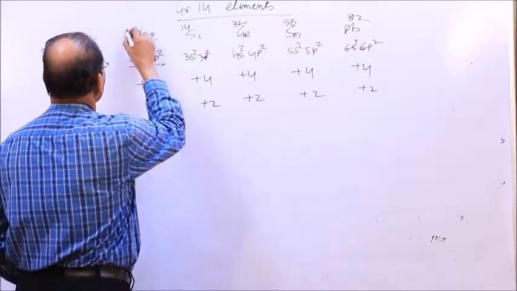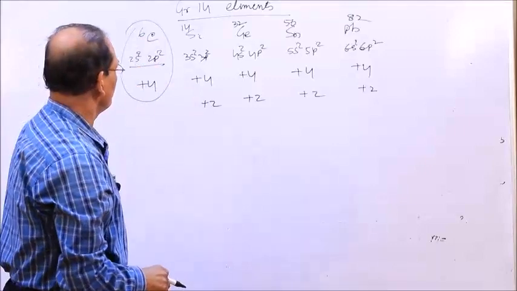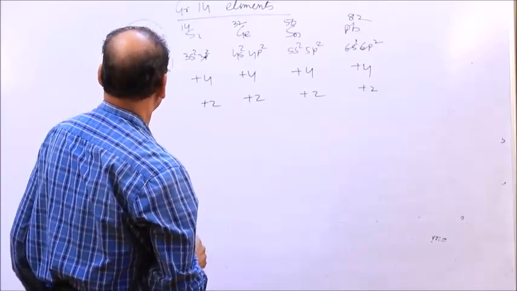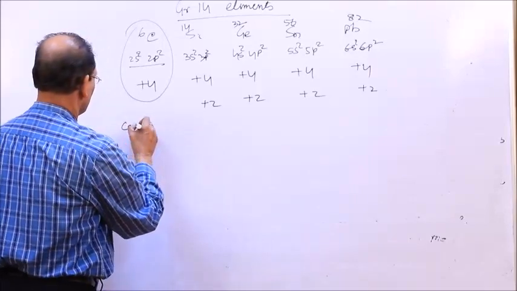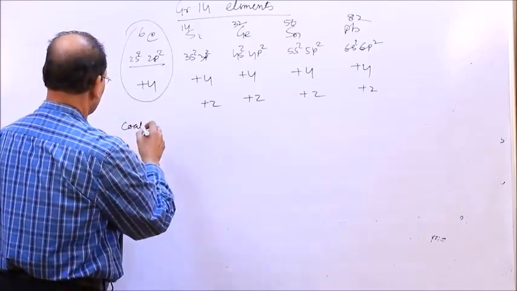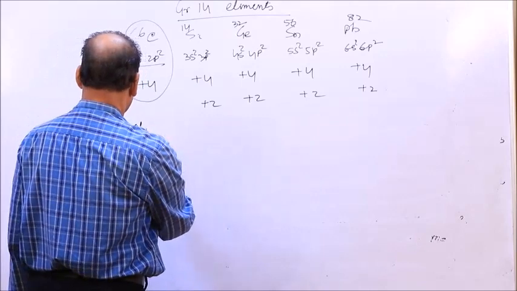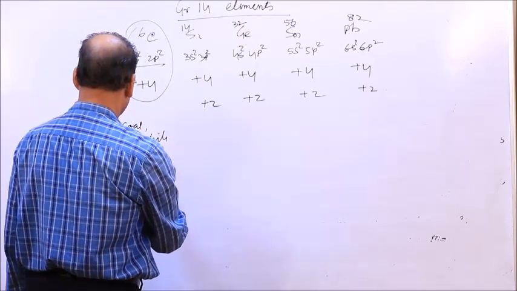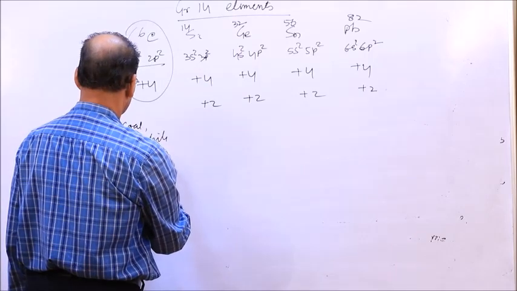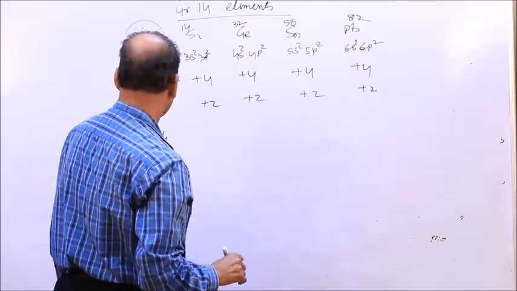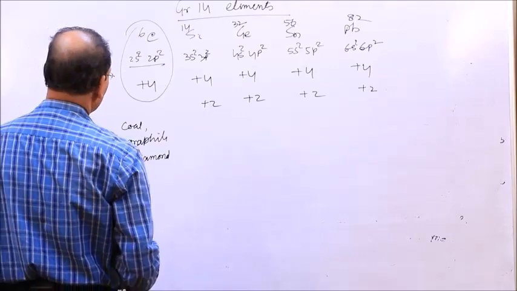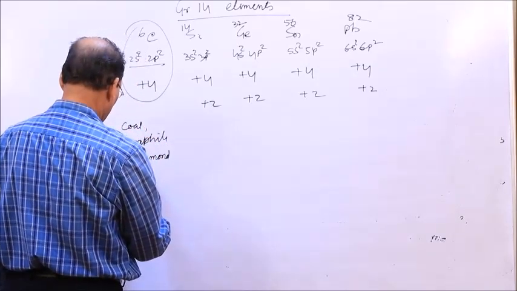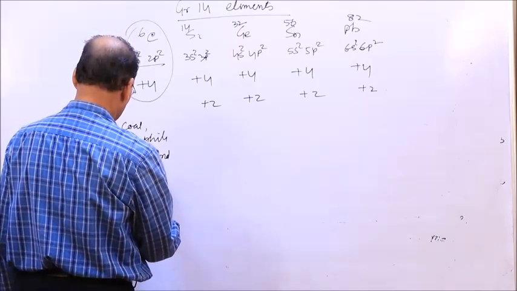Carbon is available in the earth crust as coal, and it is also available as graphite and diamond. Another allotrope of carbon, recently found, is known as fullerene.